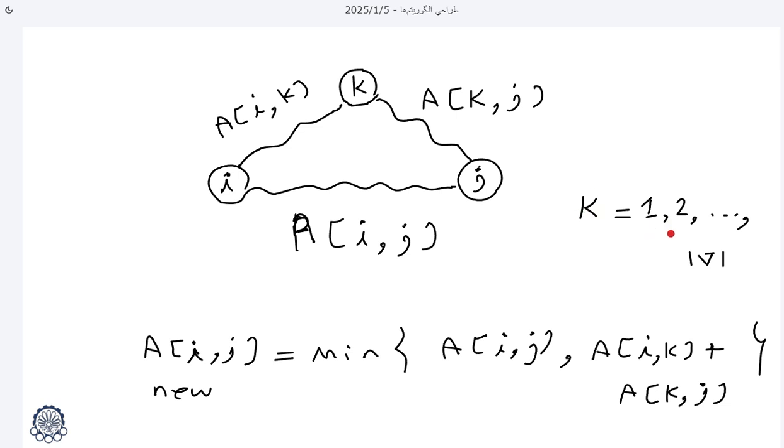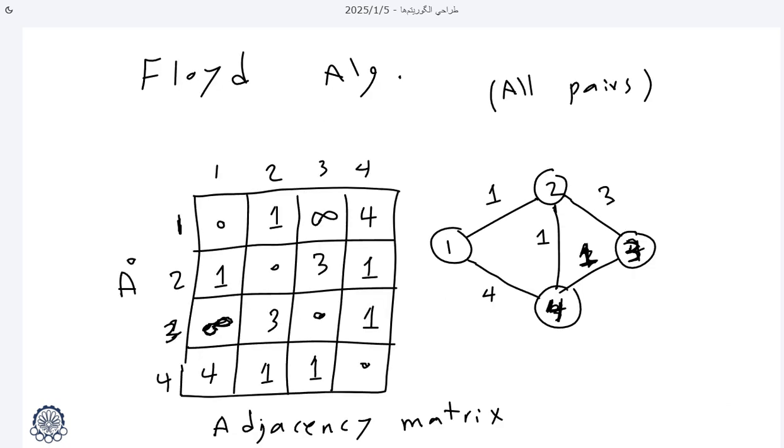I mean, in the first step K is 1, in the second step K is 2, then 3, 4, 5, until the last step, where K is the number of vertices or the last vertex. Okay. In our example, we have 4 vertices, so K in the first step is 1, in the second 2, in the third step is 3, and the fourth step is 4.